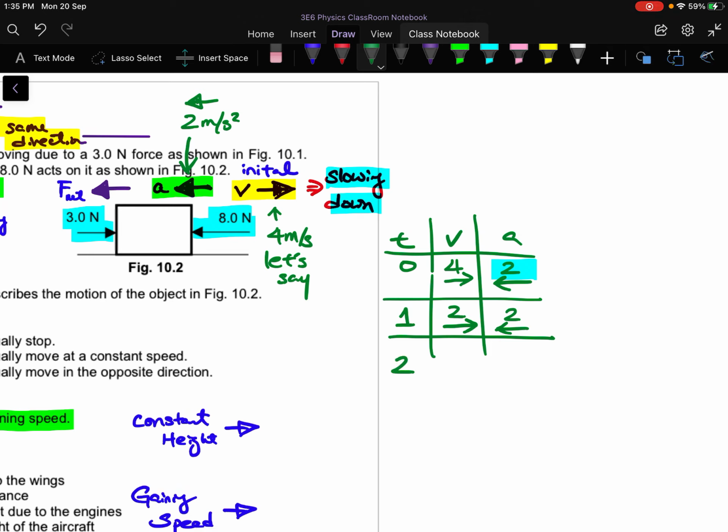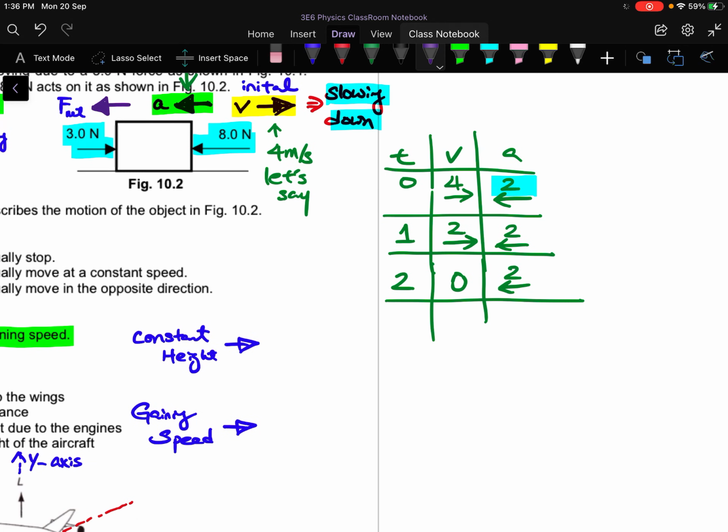So in the next second, my velocity would have dropped to 0. But when my velocity drops to 0, my 8 Newton is still acting there, correct or not? So my acceleration is still this. So yes, eventually it will come to an instantaneous stop. That means it stopped at 2 seconds.